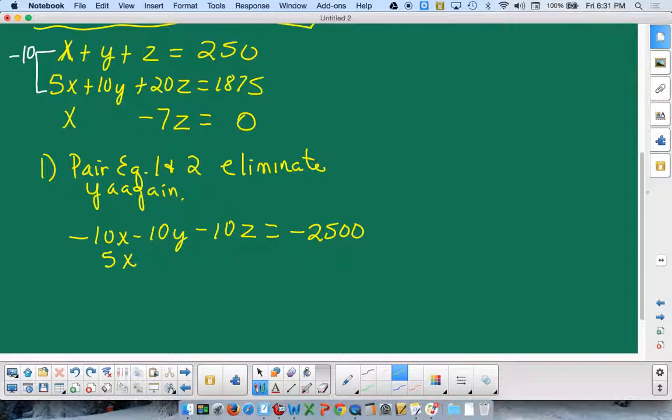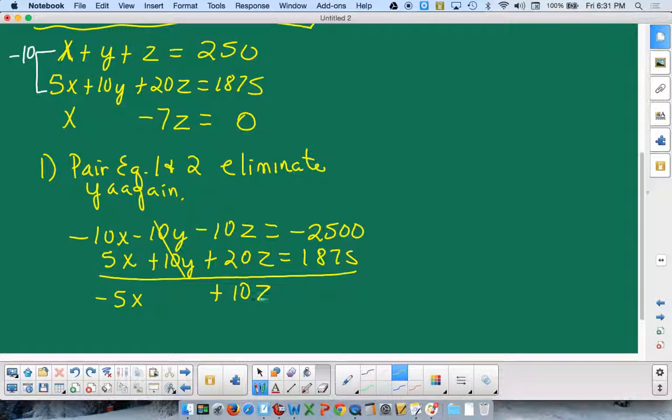Copying down the second equation, 5x plus 10y plus 20z equals 1875. I can then add down, have negative 5x, y's are gone, z's would have positive 10z, and the difference there would be 625. Excuse me, but what mistake did I make? Yep, that should be negative 625.